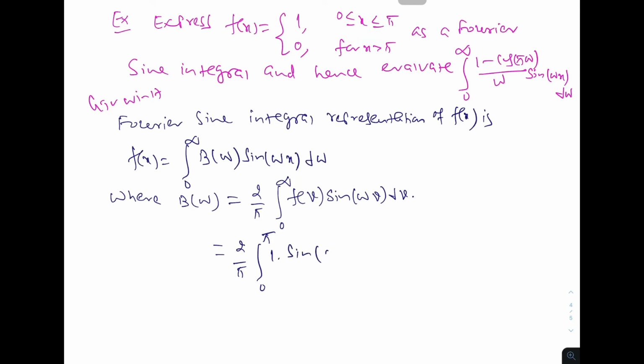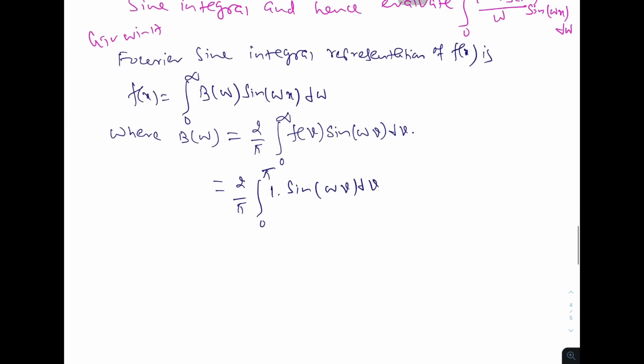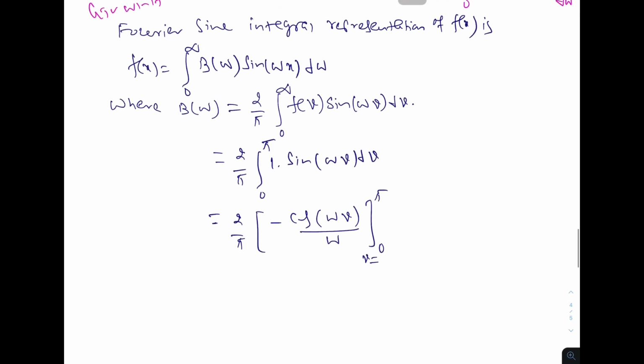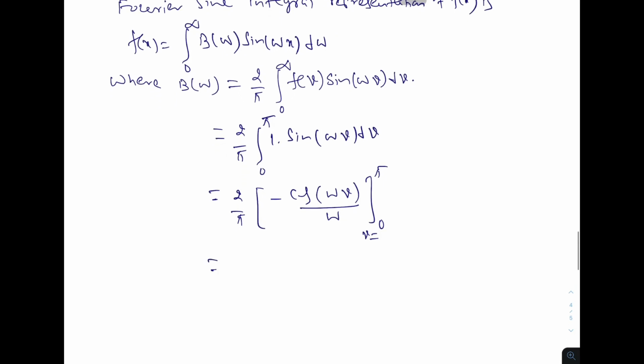Sin(omega v) dv, and the integration is minus cos(omega v) over omega, from 0 to pi. Then this is 2 by pi.